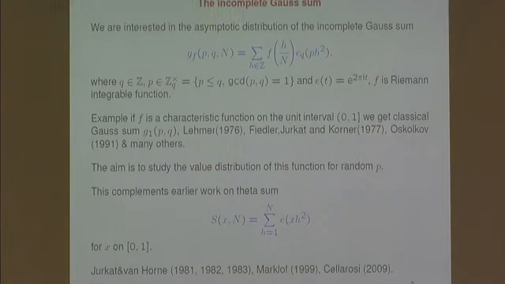This f here is just a periodic Riemann integrable function, times e_q(p h squared), which I defined before, and q is in the integers, and p is in Z_q star, the multiplicative group of integers mod q. This set is defined by p less than q and gcd of p, q equal to 1.